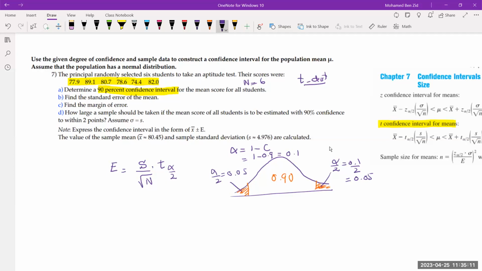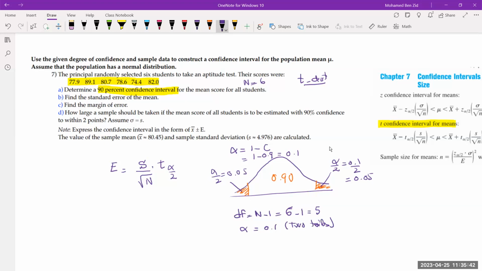Now, the degree of freedom is needed, which is n minus 1, that's 6 minus 1, which is 5. And as well, you need alpha. It doesn't matter really whether you put alpha over 2 or alpha, as long as you know it's one tail or two tails. It's 0.1 in two tails.